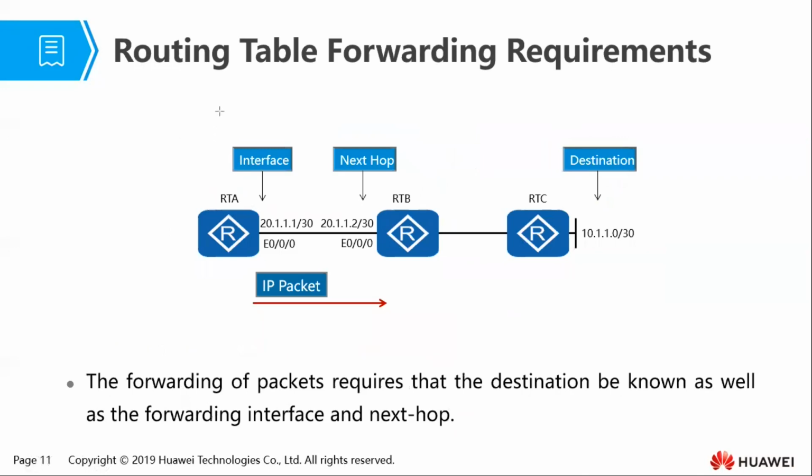There are things that the router must know in order to be able to forward a packet towards its destination. The first thing it must be aware of is the destination network. If it checks the destination IP address of a packet, calculates the network address, and finds out that it does not have that network address on its routing table, it's going to discard that packet.